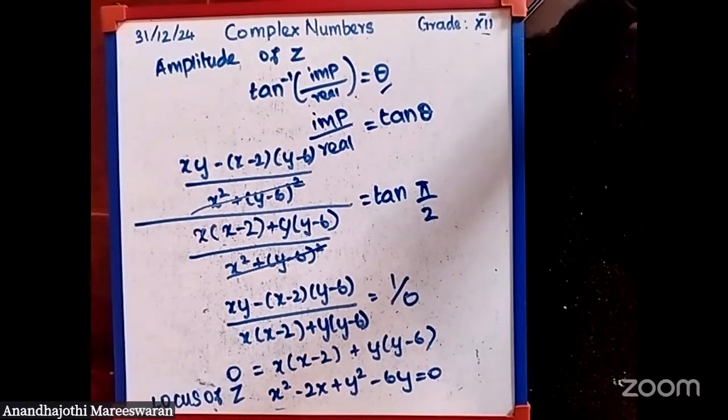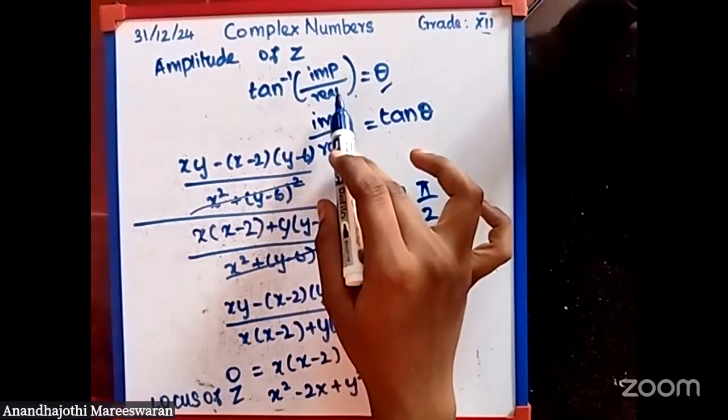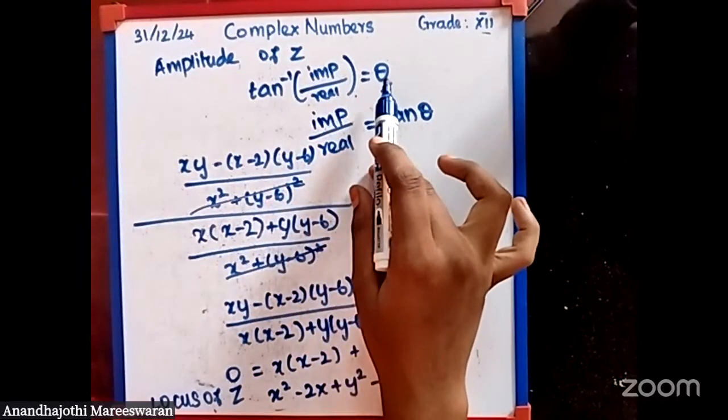Okay? Fine. So in this sum, what they have given is that the amplitude of (z minus 2) divided by (z minus 6i) is pi by 2. So we solve this by replacing z with x plus iy. Then we substitute the formula for amplitude, that is tan inverse of imaginary part by real part equal to theta.